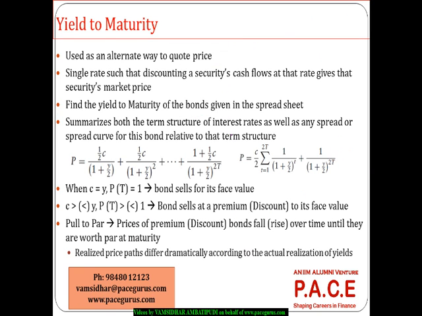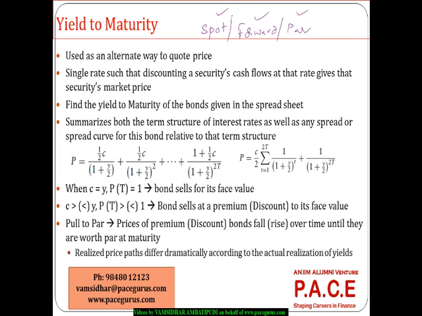Now, another important dimension that we are bringing in to the bond mechanism is the yield to maturity. We have talked about different kinds of rates: the spot rate, the forward rate, the swap rate or the par rate. But what we see with all these is, for different periods the numbers are different, which means I need so many rates to find the price of the bond.